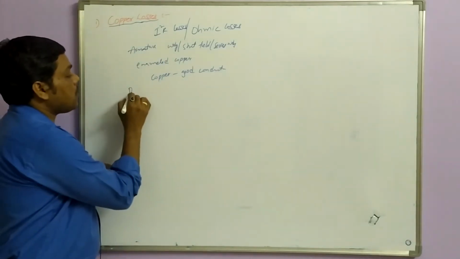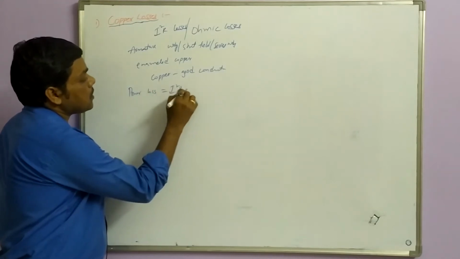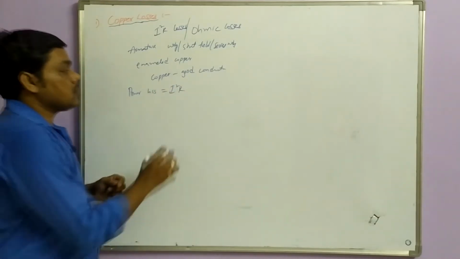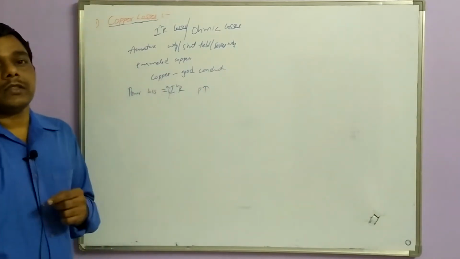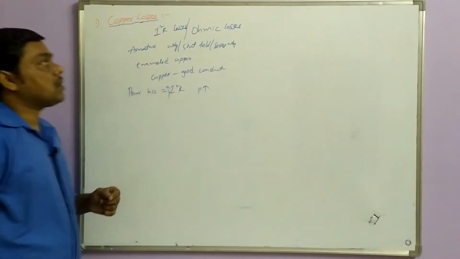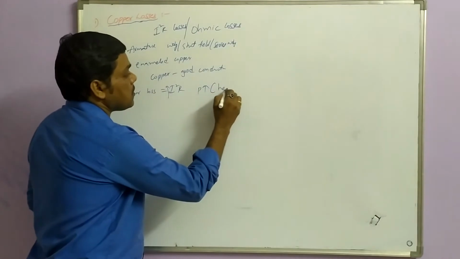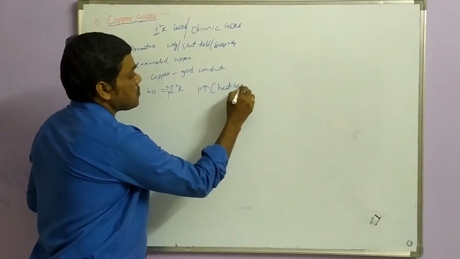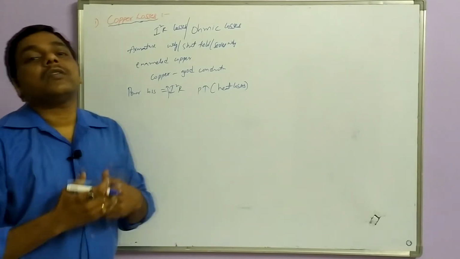We know that the power loss is equal to I square into R. Since the current is very high, power loss also increases. Due to this I square R, we have the ohmic losses. We can also call it heat losses, as these losses are always dissipated in terms of heat.